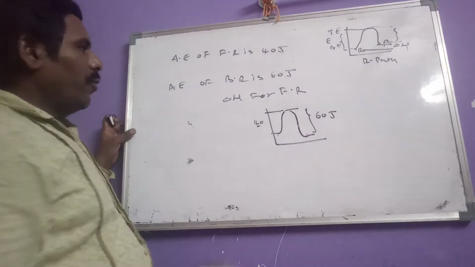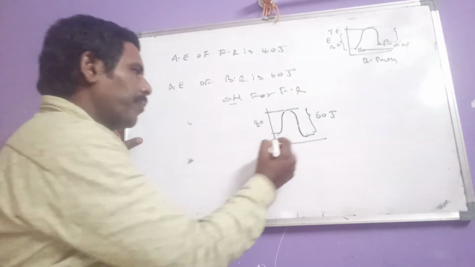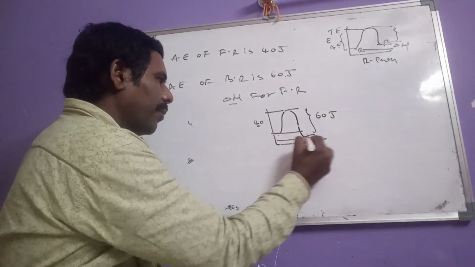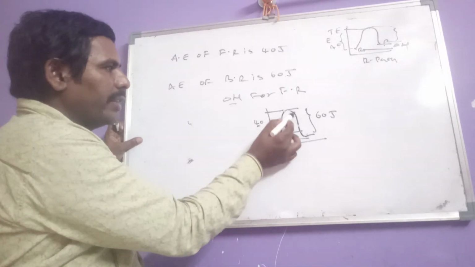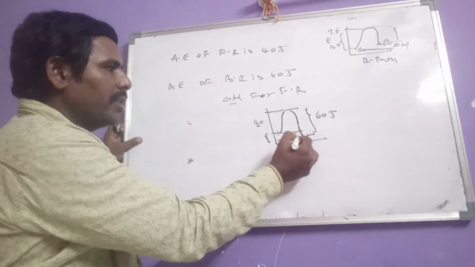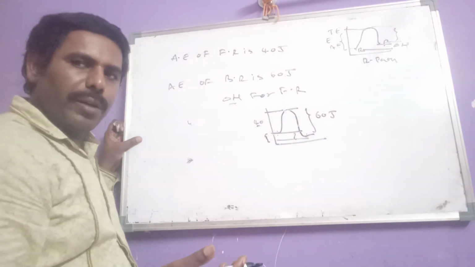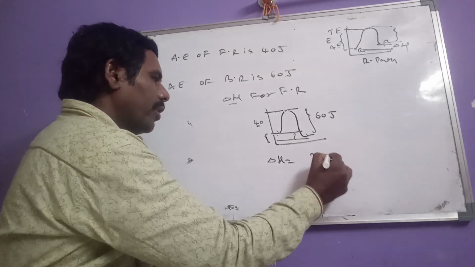We have to determine delta H for forward reaction, that means we need to determine this gap. From here to here 60 joules, from here to here 40 joules. Therefore, the energy left over is 20 joules. So delta H equals 20 joules.